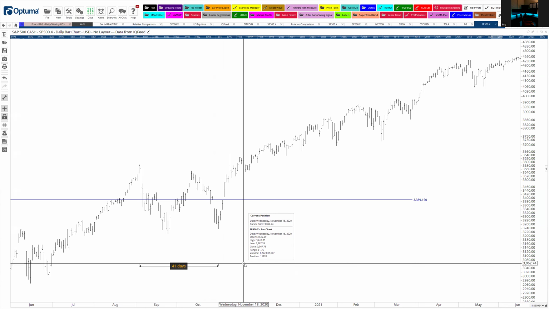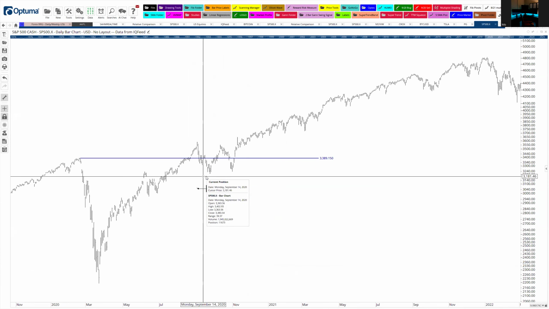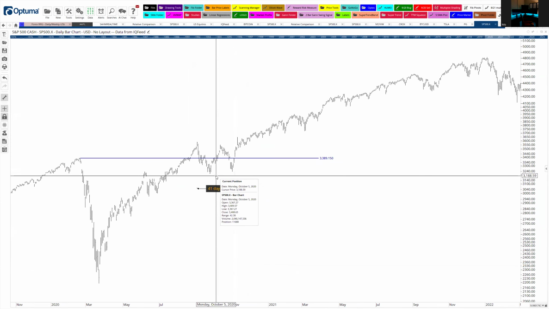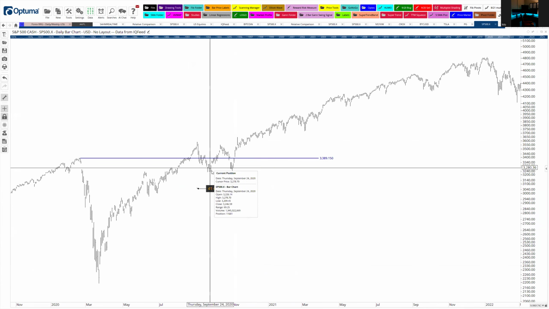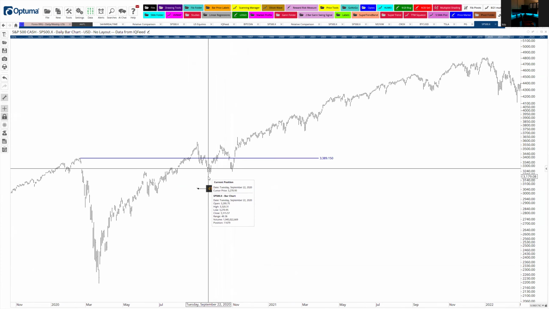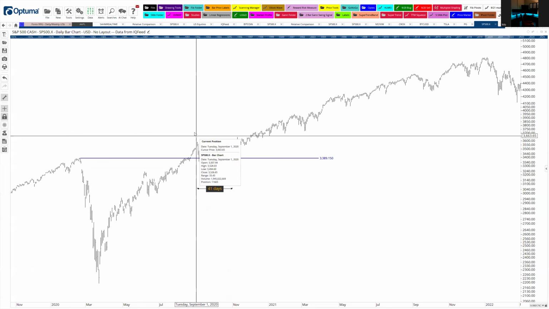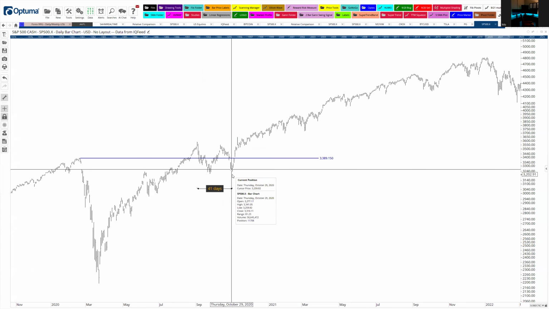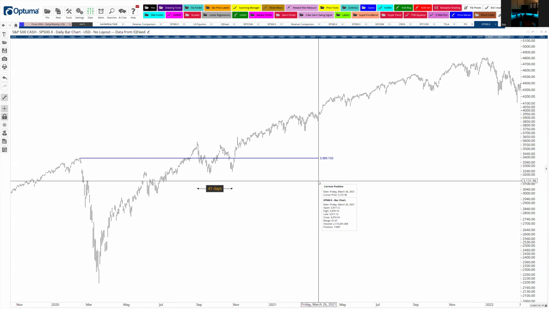That's what happened last time. Corrections are very subjective. It's clearly a three-way move, three down, sort of three up and three down. Make it a WXY or a running flat, ABC, really doesn't matter. It just looks like a three-way move. And then from there, market's trying to move back to the upside.